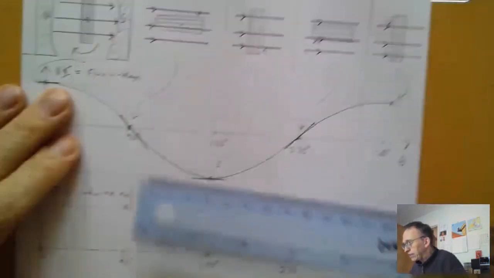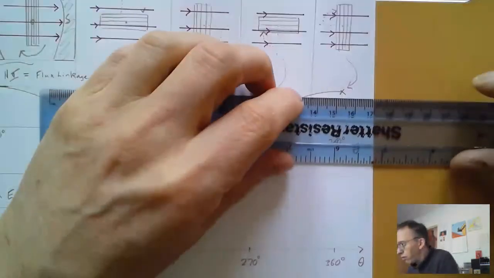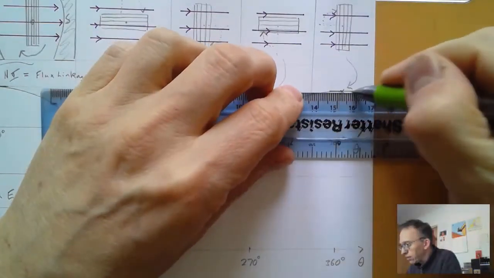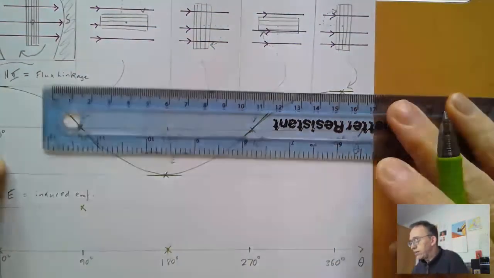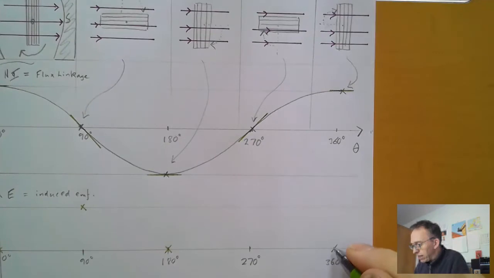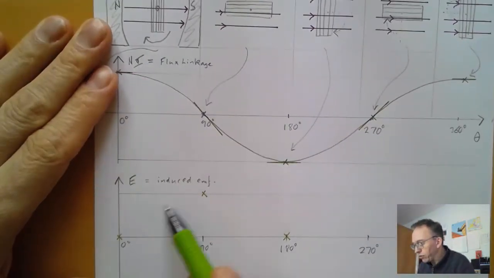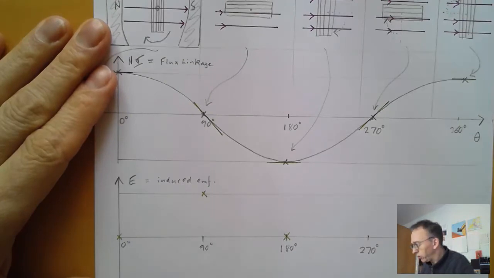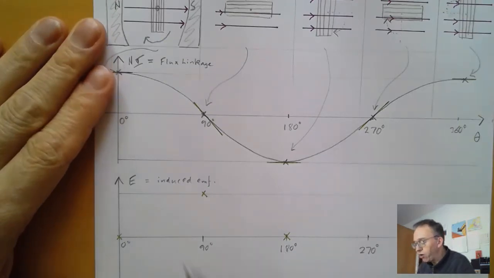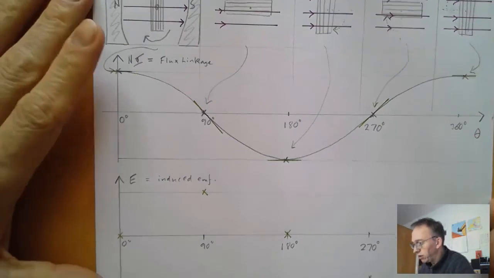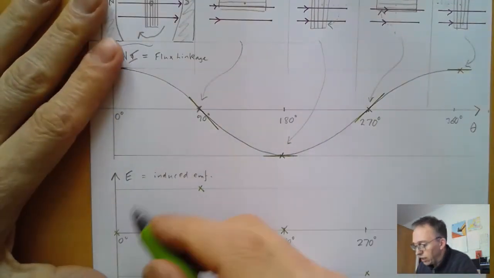And at 360 degrees, the gradient is 0, and therefore the EMF is 0 again. So EMF goes up, goes down, goes negative, goes 0. What shape is the graph? Yes, it is sinusoidal.